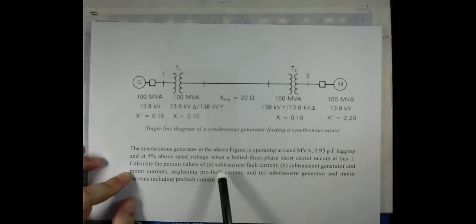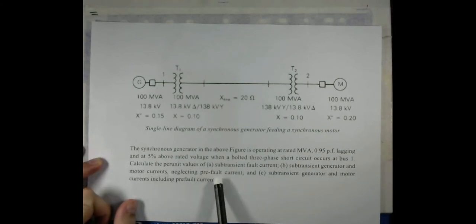We need to perform 3 different tasks. One is related to the sub-transient fault current. The other task is related to the sub-transient generator and motor currents, neglecting pre-fault current. And the third task is the same but we also have to include the pre-fault current.